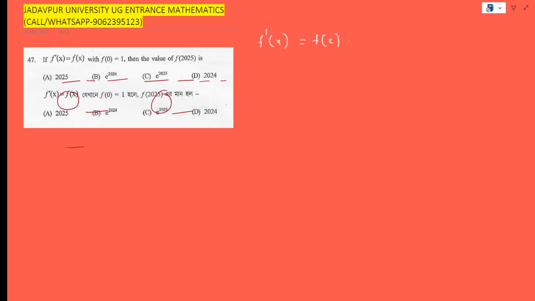What does it actually mean? It means the derivative of the function is equal to the function itself, right?